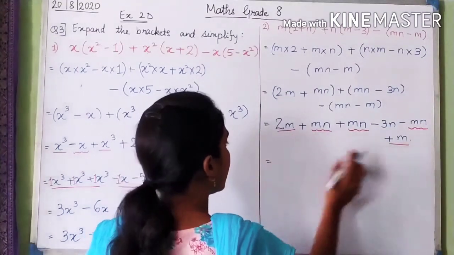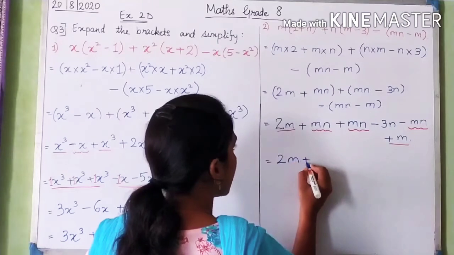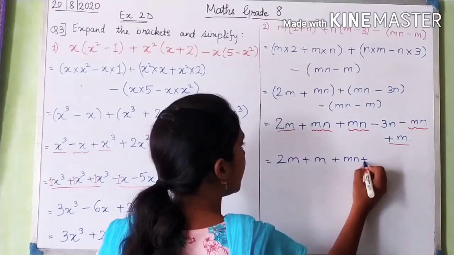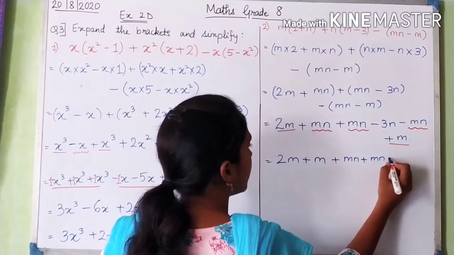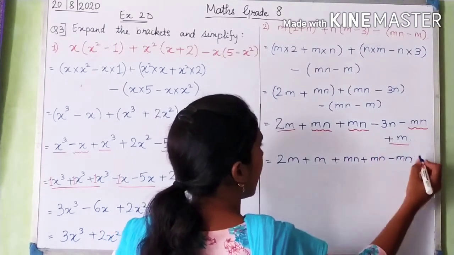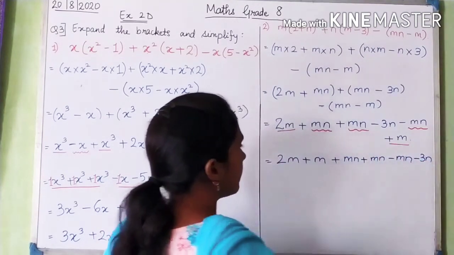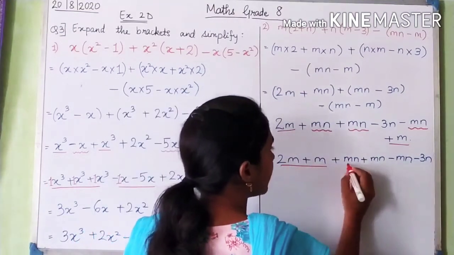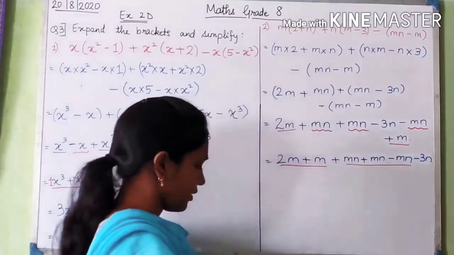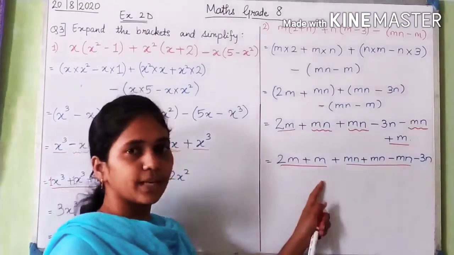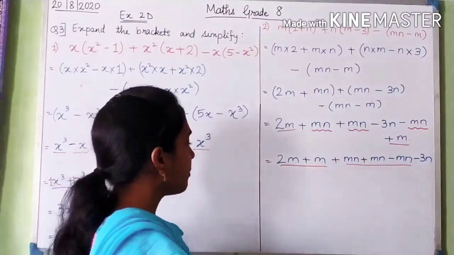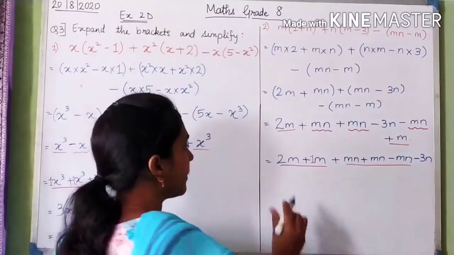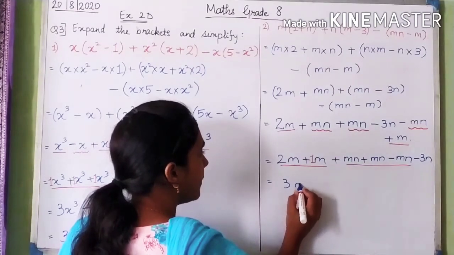So 2m plus m, I write together 2m plus m. Then I write the mn terms together, plus mn minus mn minus 3n. Okay. Now these two are like terms and these three are like terms. So now 2m plus m, there is no number here, means there is 1. So 2m plus 1m is 3m. So this becomes 3m.